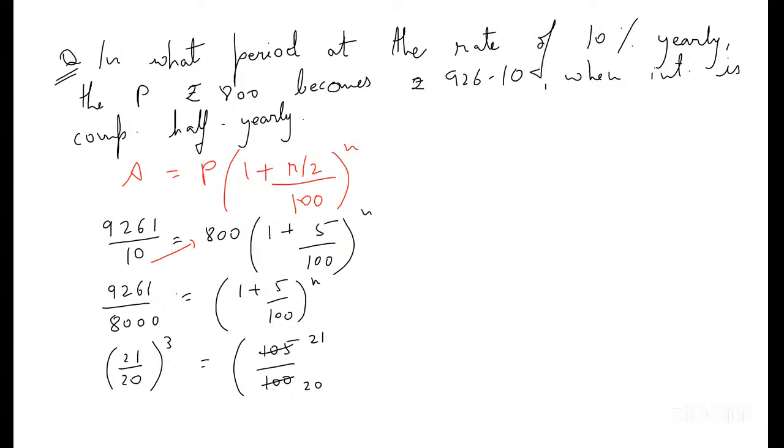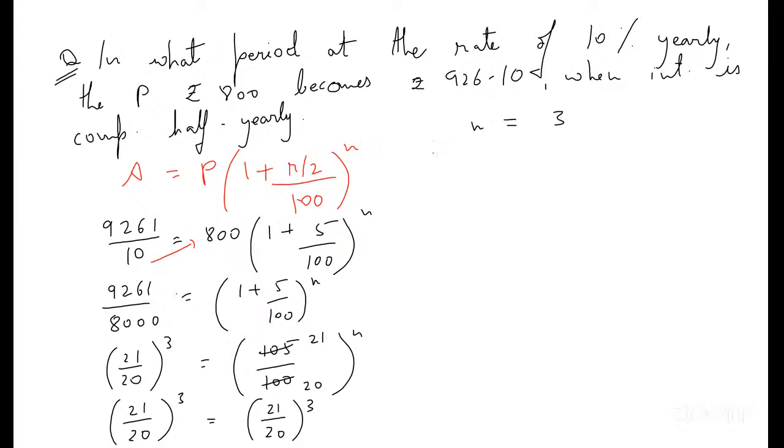So (21 by 20) cube equals (21 by 20) to the power n, so n equals 3.